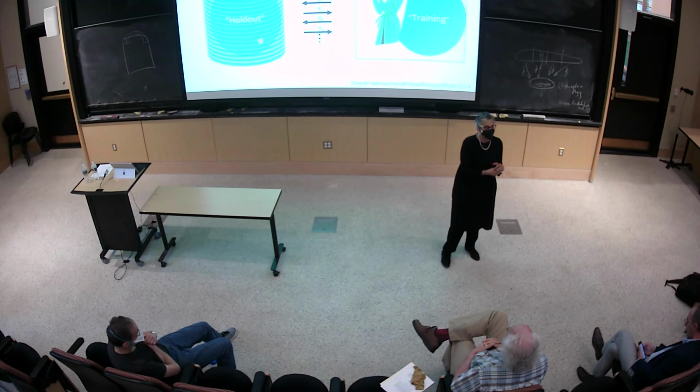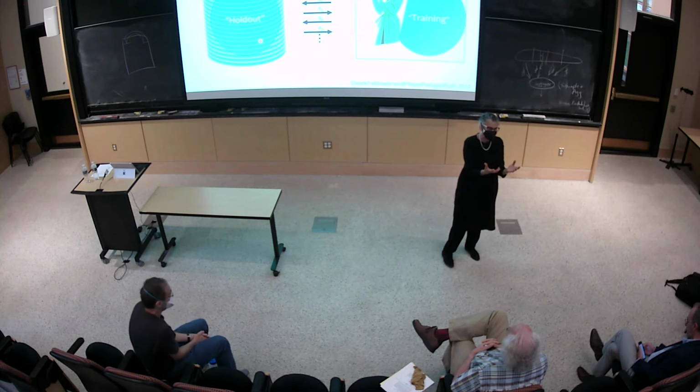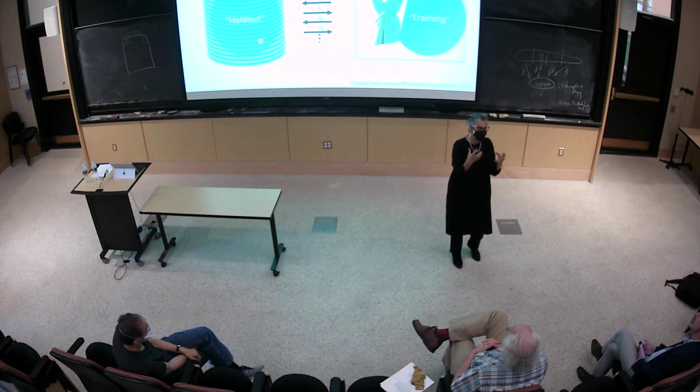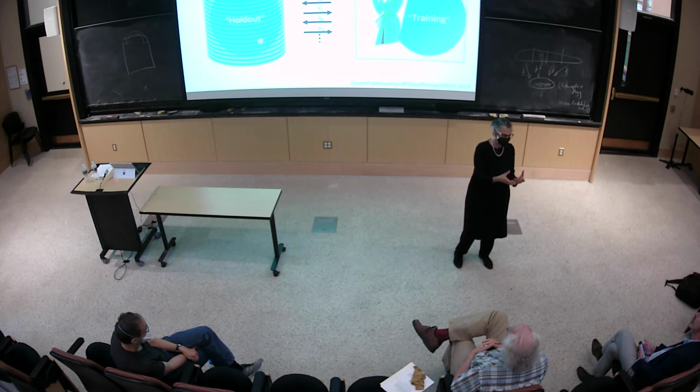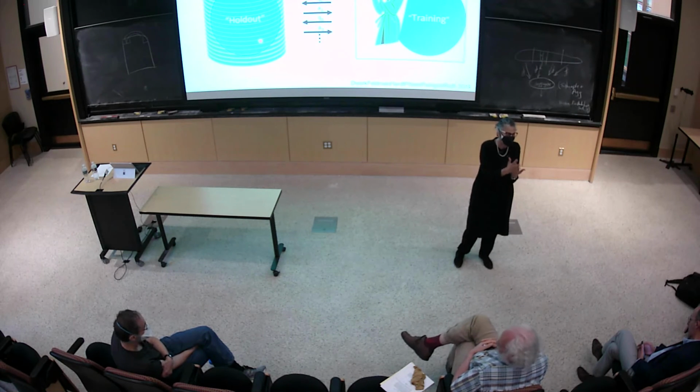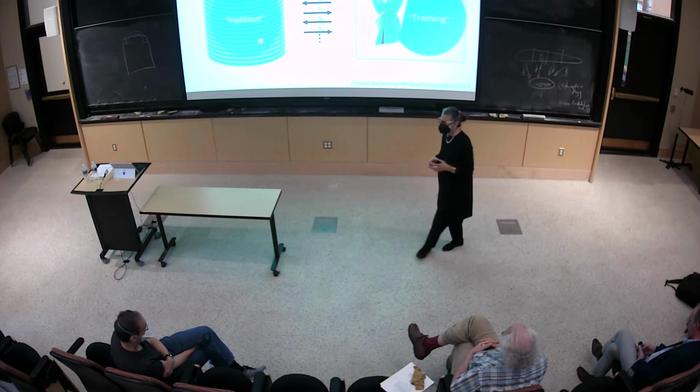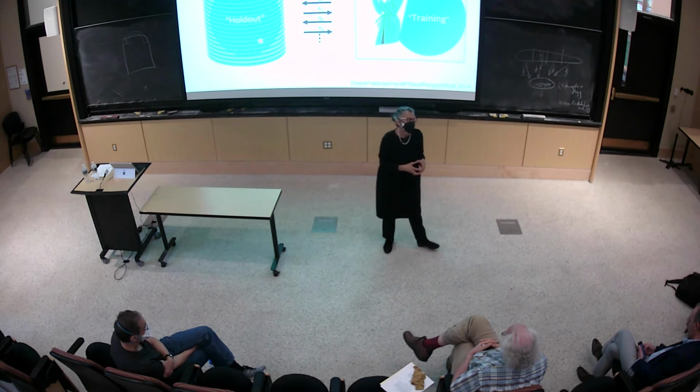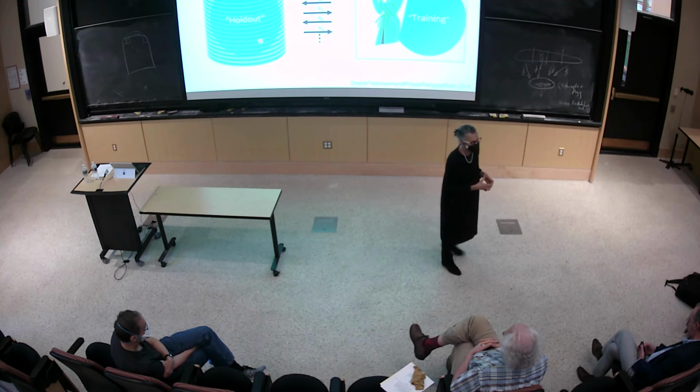If you have collected the data and you simply want to protect yourself against overfitting due to adaptivity, you might enforce this yourself on your own data. The second question was, how large does the holdout set have to be?